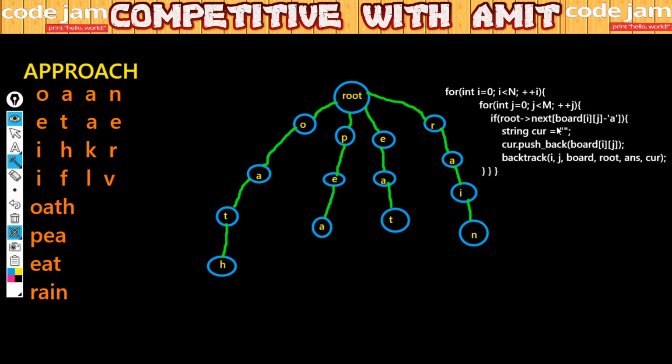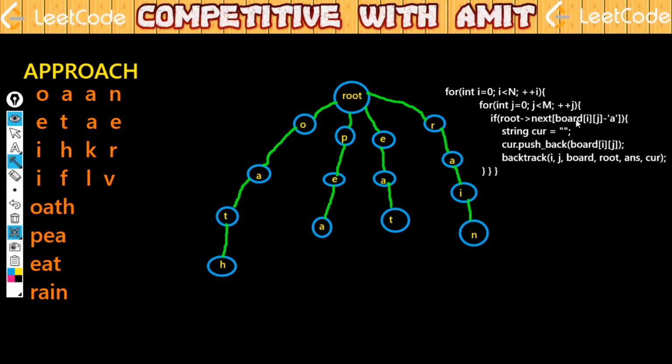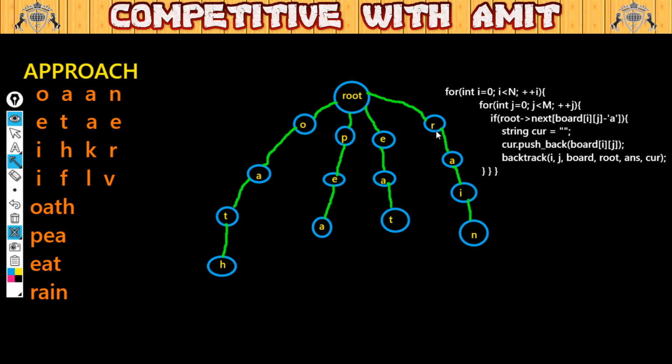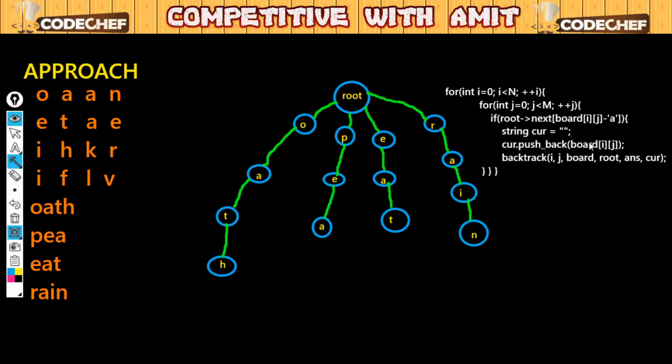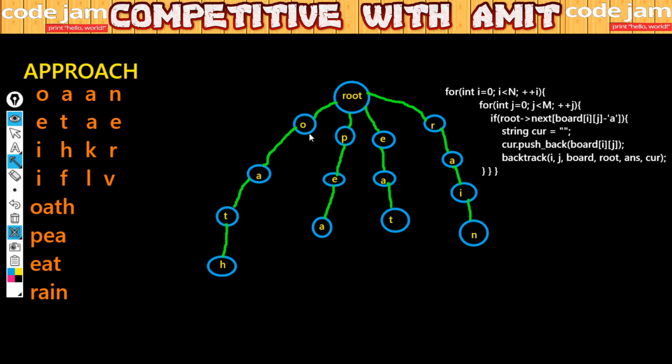So this is the code for the starting of backtracking, in which we are checking whether the nodes are there in the trie or not. If it is there, then we will call this function in which current will be our value, in which first index will be initialized with this particular value. How will we check the board?